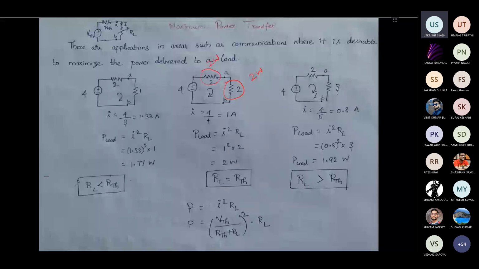Then what is the power supplied by this source? The power supplied by this source is 4 watts. 2 watts is dissipated here and another 2 watts is dissipated here. So if I calculate the efficiency, output divided by input into 100, the output is 2 watts and the input is 4 watts. If I multiply by 100, I will get 50 percent.